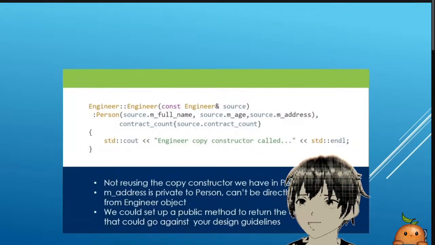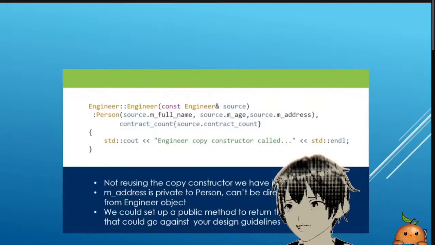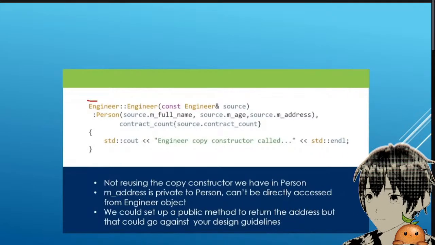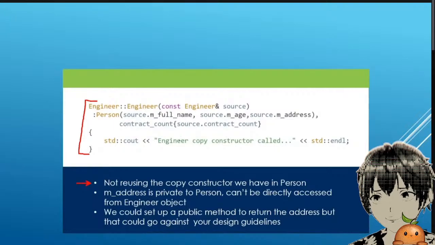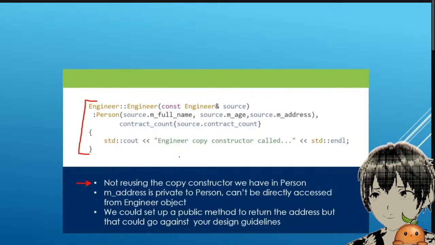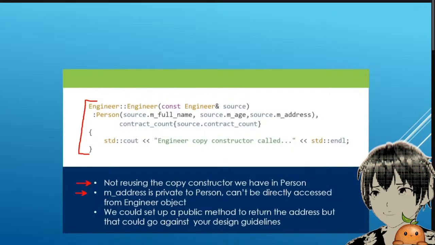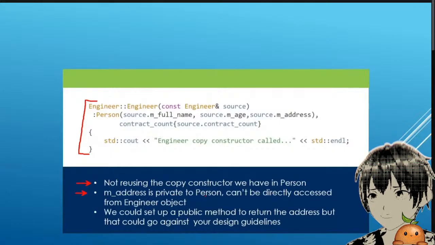But before we look at that way, let's try and summarize the problems we have with this way of doing things. This is not going to be reusing the copy constructor we have worked hard to set up in person. So this is just going to be code duplication. Another thing is that the maddress member variable is private to person. So if we try and use it like this, we're going to get a compiler error.